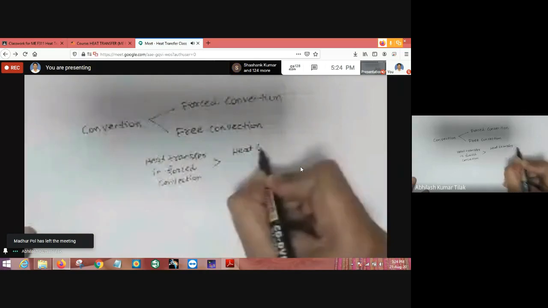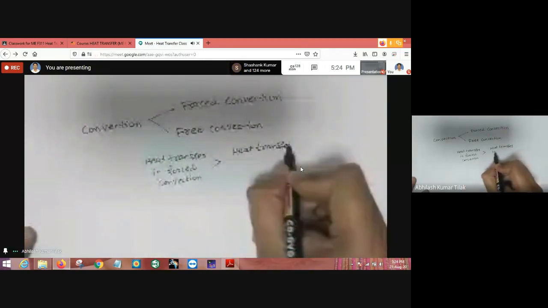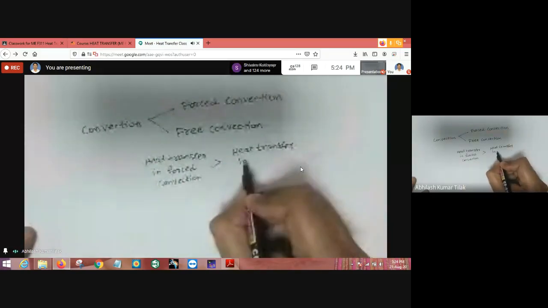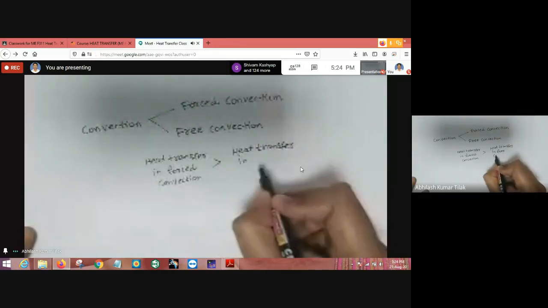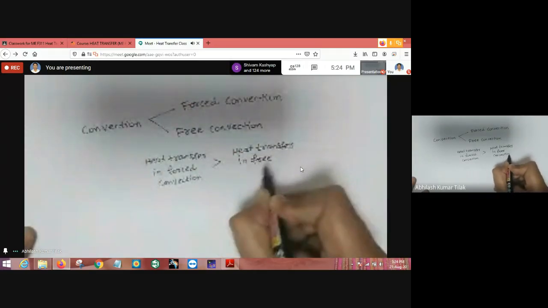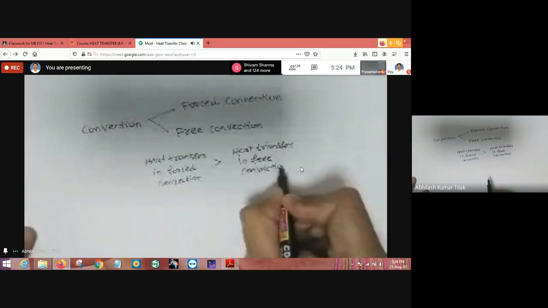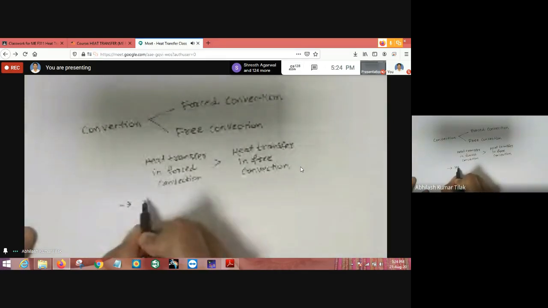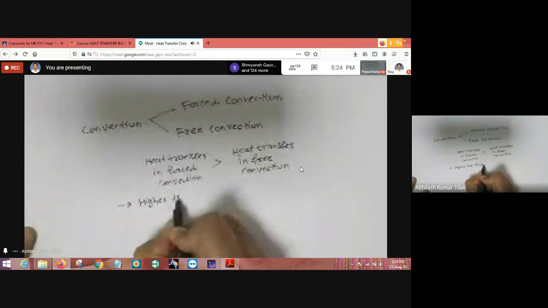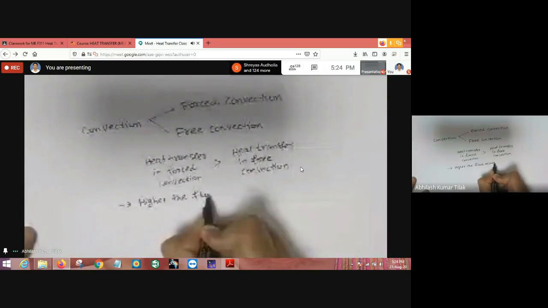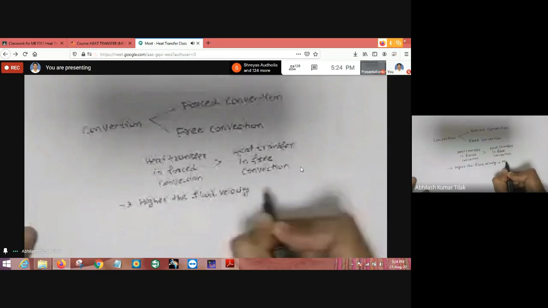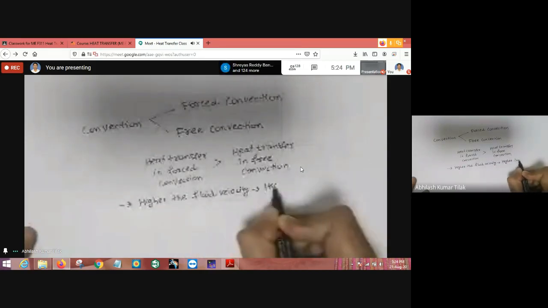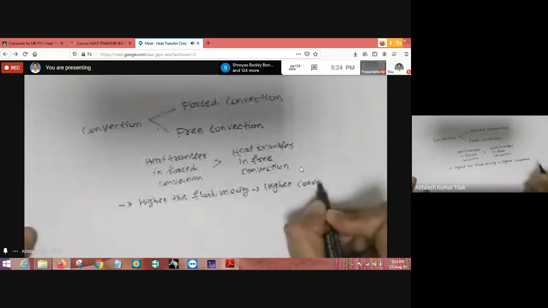Why? Because in the case of forced convection, the fluid velocity is higher than in the case of free convection, and the higher the fluid motion, the more is the convective heat transfer. Right, higher the fluid velocity, higher the convective heat transfer.